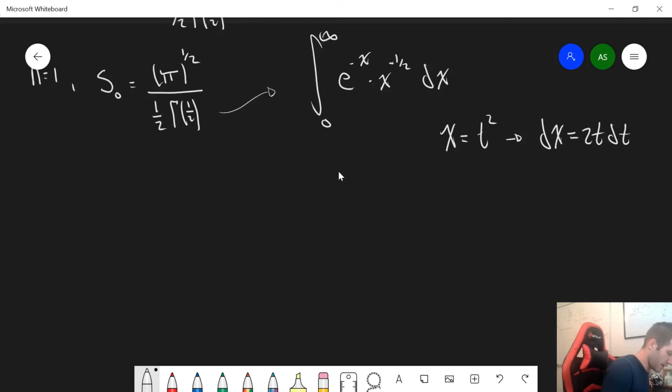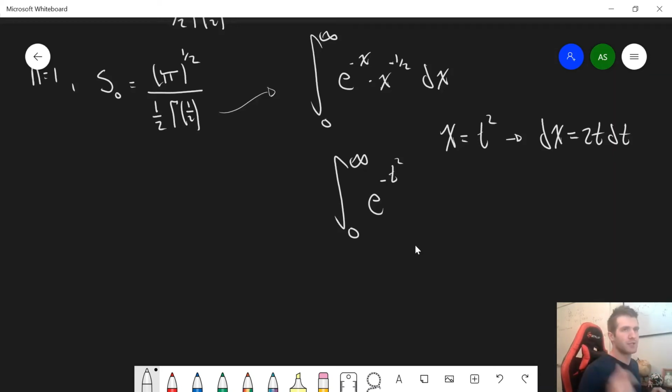Now, if we were to plug this in, we're going to have an integral from 0 to infinity of e raised to the negative t squared. And recall that we have this negative 1/2 exponent as well, so don't forget that. We are going to be using that. So this x value becomes t squared, and if we bring that down to the denominator, then we have 1 over t squared raised to the 1/2, which is just t.